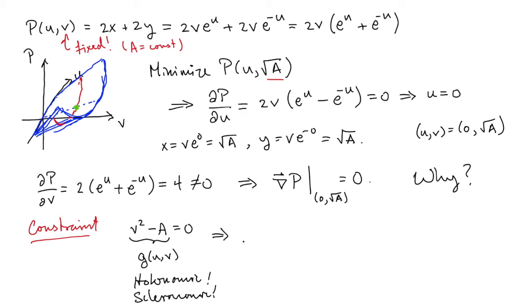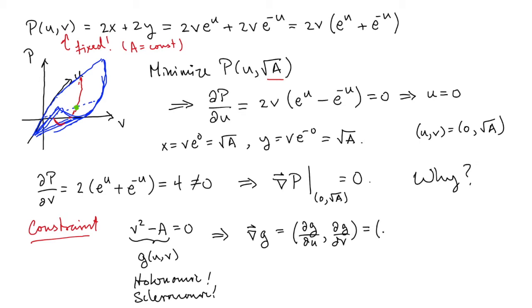And the gradient of g is telling us the direction perpendicular to where it's satisfied. It's telling us the direction in u and v space in which to move orthogonal to lines of constant constraint. Just to remind everyone, this is partial g partial u, partial g partial v.